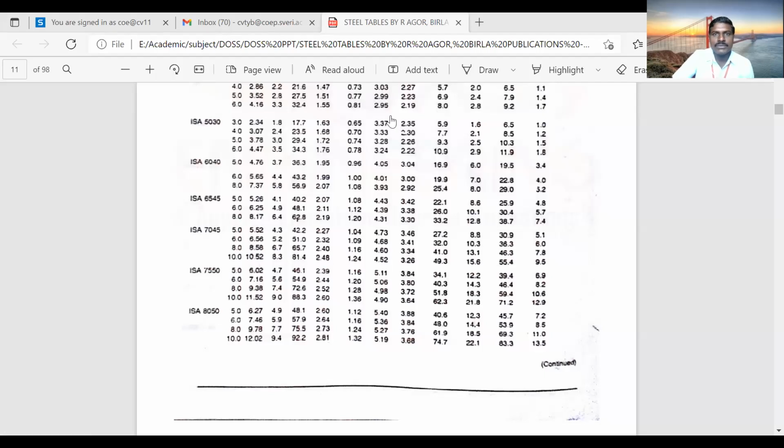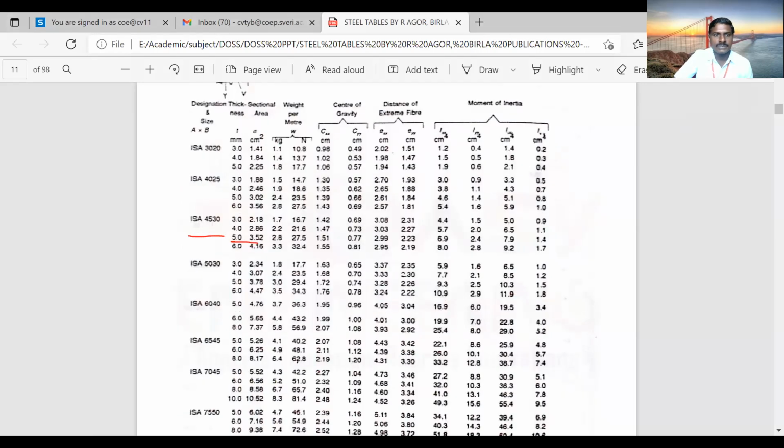So we have selected this angle. So CXX, where is CXX? See here.